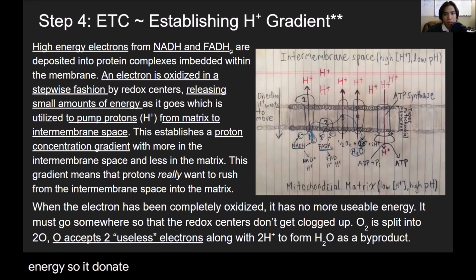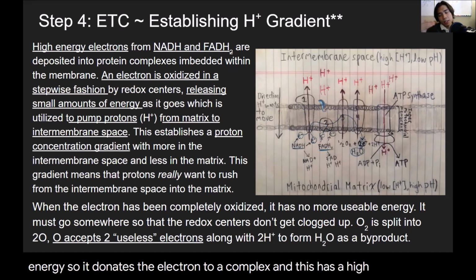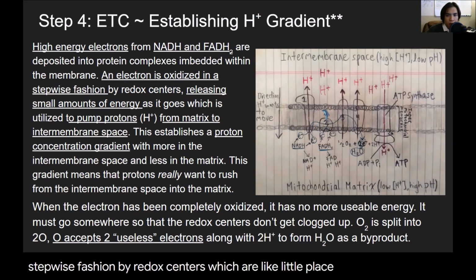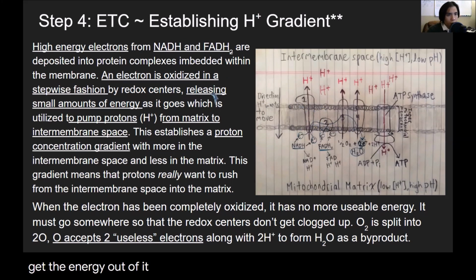So it donates the electron to a complex, and this is a high energy electron, and it is oxidized bit by bit. The energy is oxidized in a stepwise fashion by redox centers, which are like little places that serve to help get the energy out of it. And they release small amounts of energy, which are used to pump protons.